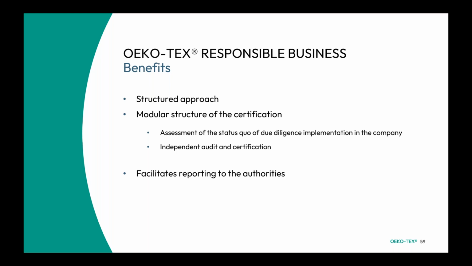You'll have a modular structure of the certification, so assessments of the status quo of your due diligence implementations in the company, and you will have an independent audit and certification from OEKO-TEX. And this also facilitates reporting to the different authorities.